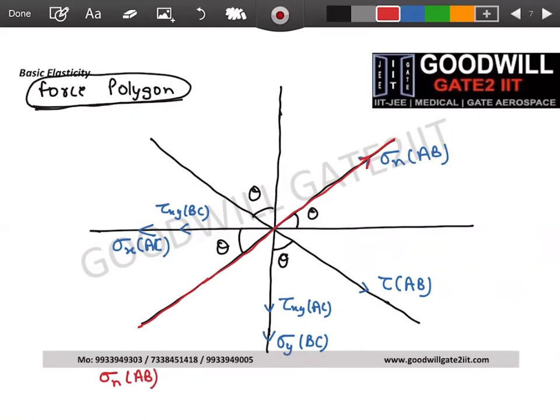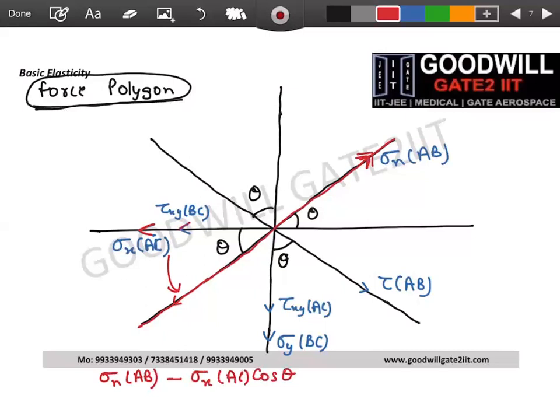Now, if you people agree, and you can say yes or no, if you don't follow, please ask your doubt. Can I resolve this force, which is sigma x into AC, in this direction as a cos component? And I'm writing it, just see if it is fine. Minus, because if you're taking this stress upward, it is going in the opposite direction, minus sigma x into AC cos theta.